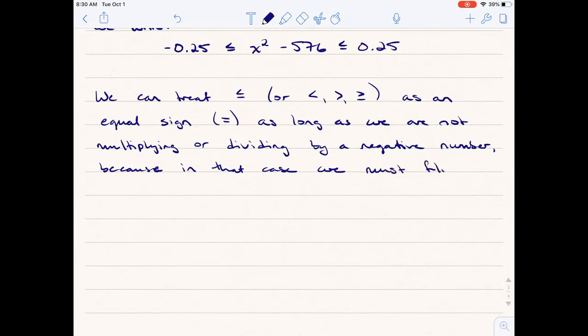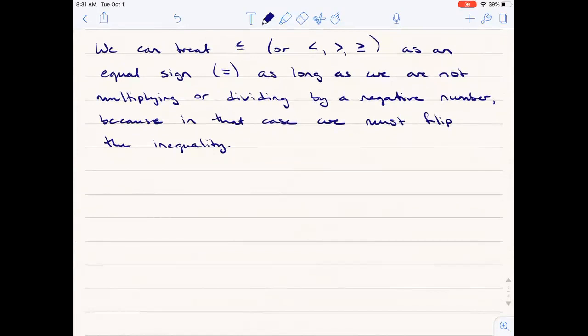We must flip the inequality. Guess I could rewrite that one. So that makes it a little bit more bite-sized.